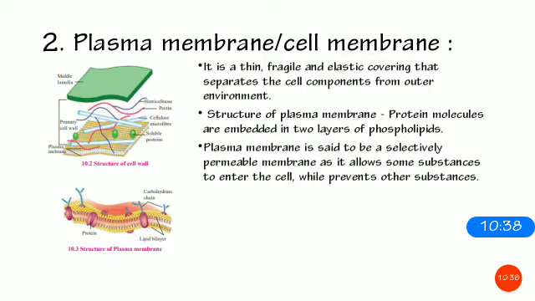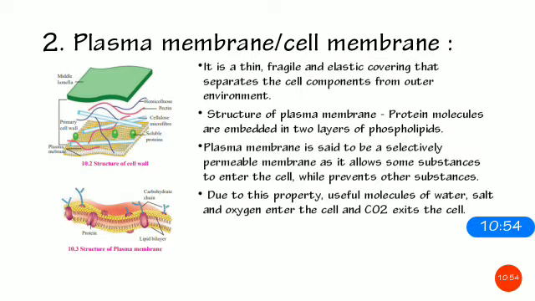So this is what we call a selectively permeable membrane. Only a few who are selected or which is needed can enter the cell. And who is telling the cell, or who is guiding that? It is the plasma membrane. So now, due to this property, useful molecules of water, salt, and oxygen enter the cell, and CO2, that is carbon dioxide, exits the cell.